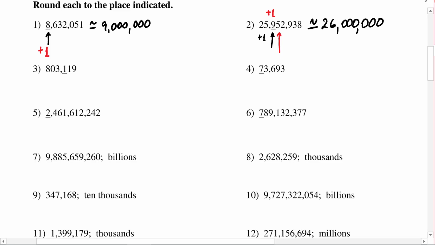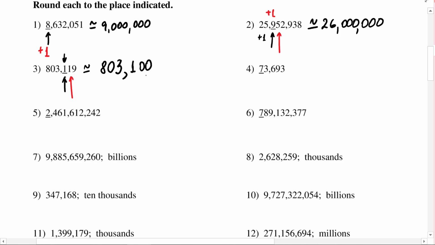All right, let's do another one. Let's take a look at problem 3. We want to round to the nearest 100. So here we look at the next digit. It's 1, so it's less than 5. What that means is we copy the number that we have up to the digit we are rounding, and we leave it that way, followed by zeros after it.